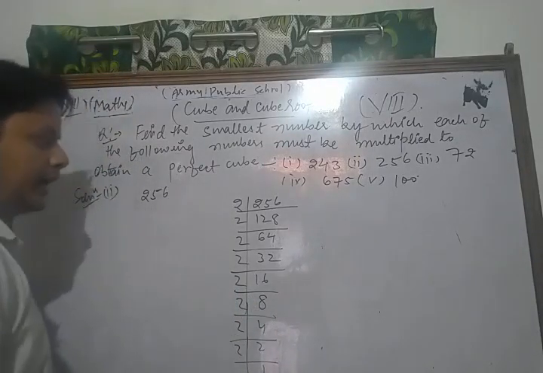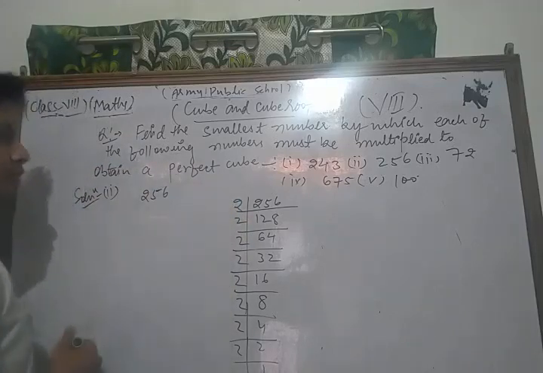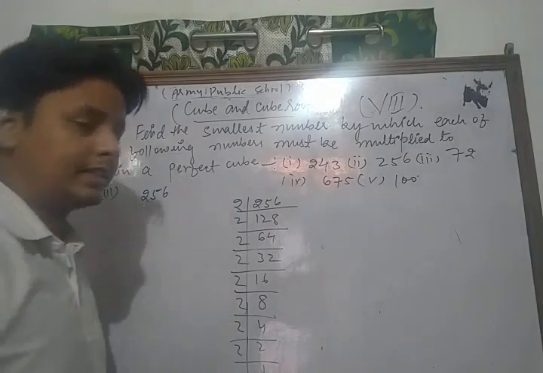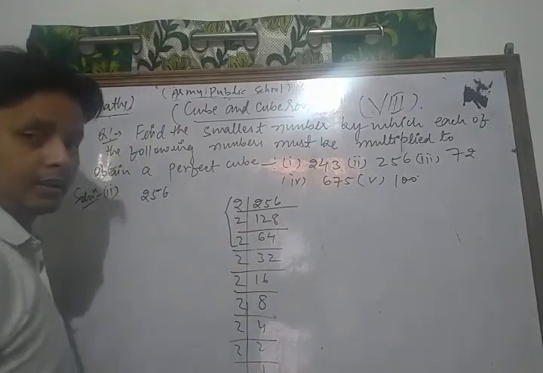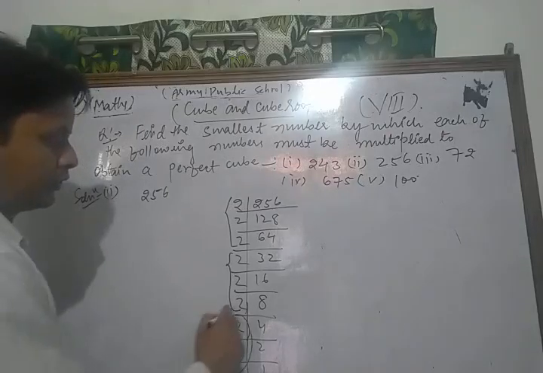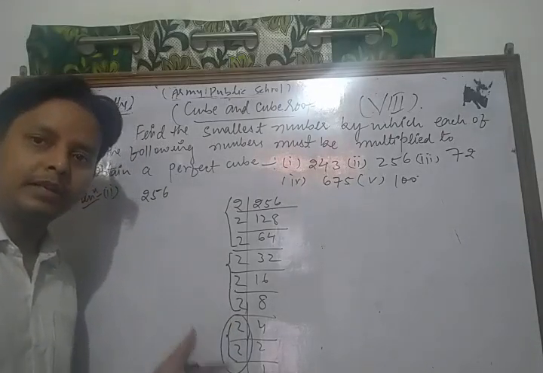Now we observe whether the factors are grouped in triplets of equal factors or not. This is a triplet of 2, this is a triplet of 2, but the remaining is not a triplet of 2.